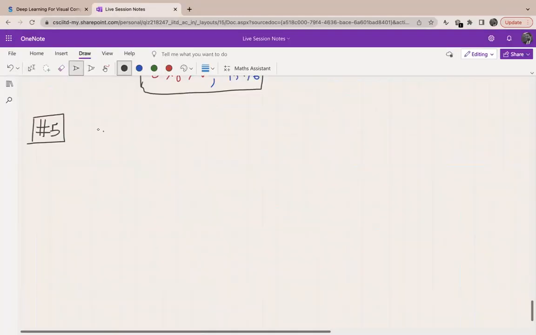ReLU will just take 8 cross 8 cross 8 and give 8 cross 8 cross 8 as the output, and the number of parameters will be 0. That's it.